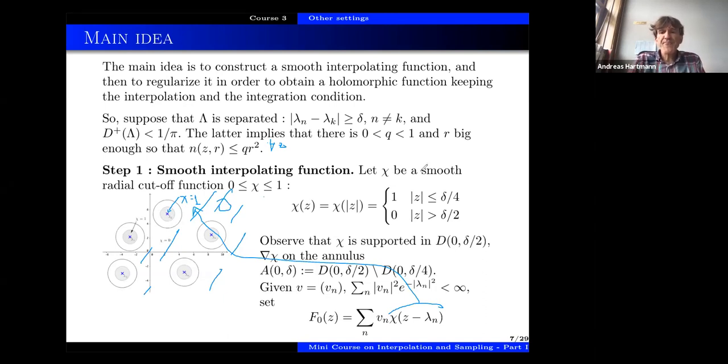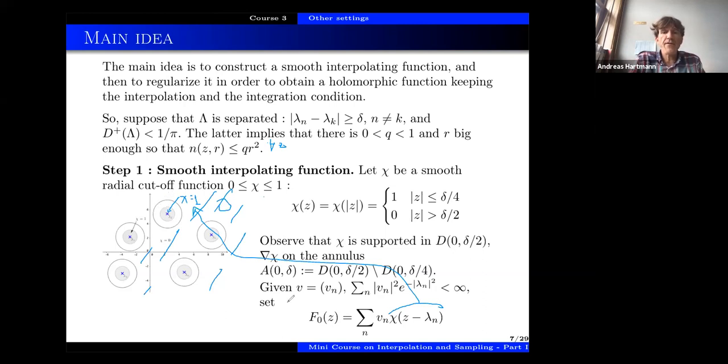Chi has been fixed once and for all, and it's smooth, so the derivatives of this function are uniformly bounded. There's no problem here. The gradient of this function is supported on this annulus, because inside the gray disk, chi doesn't vary, so the derivative is 0, and outside also.